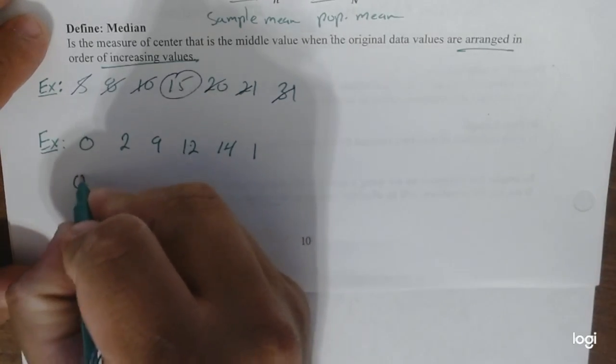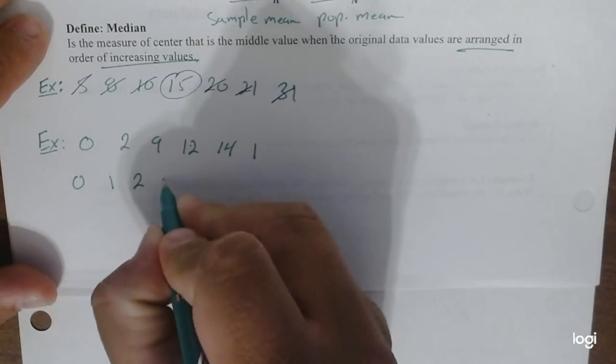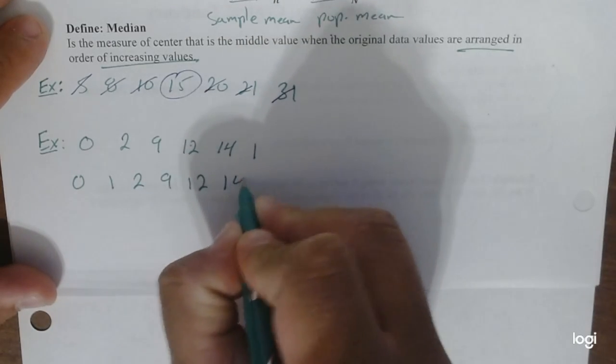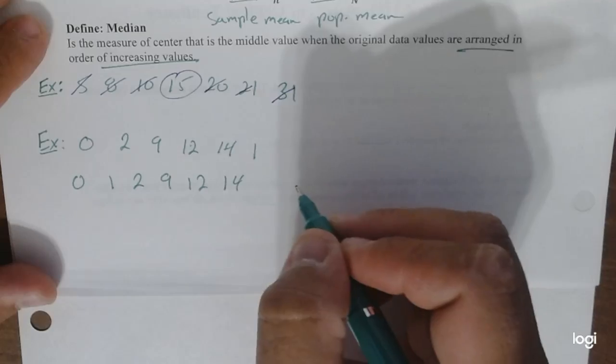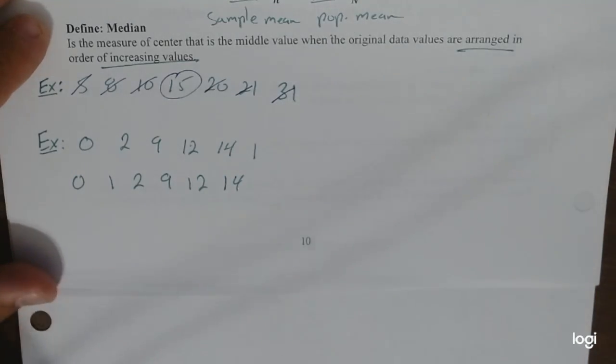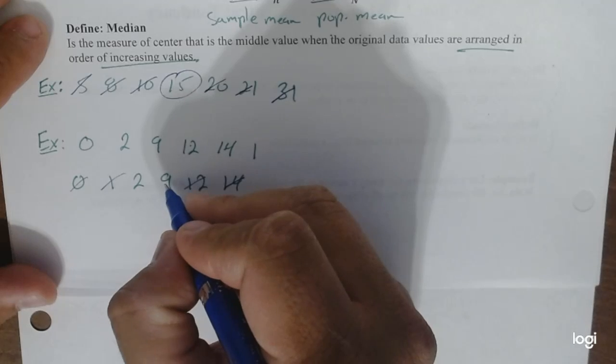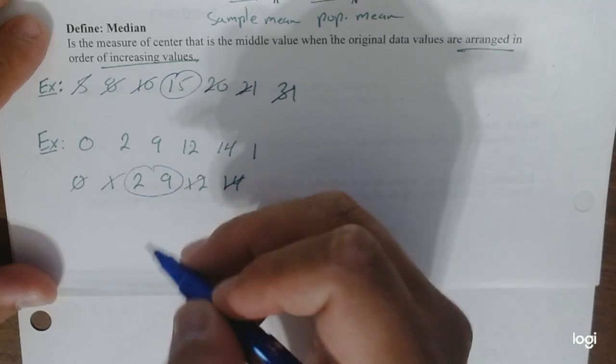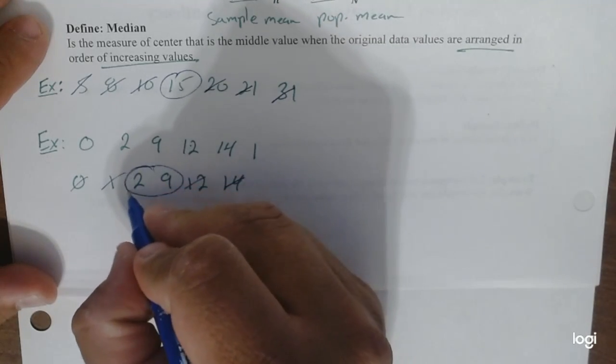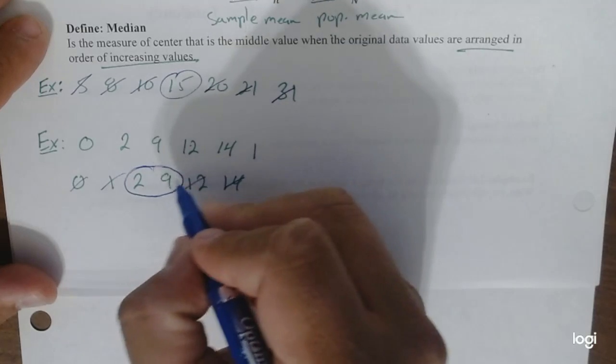So we firstly have to rewrite all our numbers in increasing order. We just pop that 1 in the front. Now we can do the same thing I did above, just crisscross. Cross, cross, cross, cross. Got a problem. What is it? I can't cross them both out because there's nothing in there.